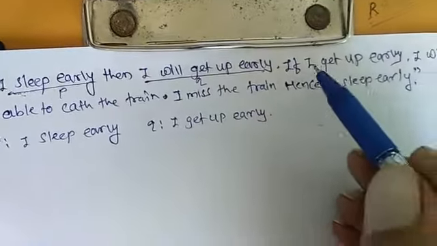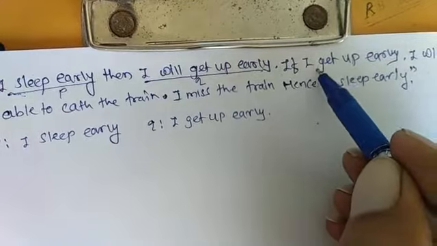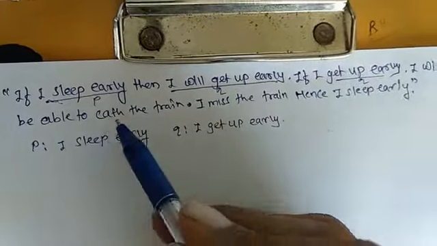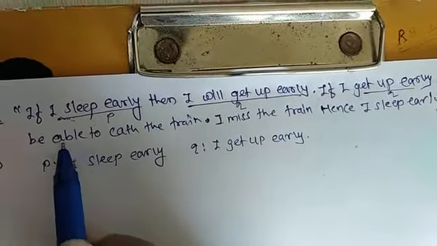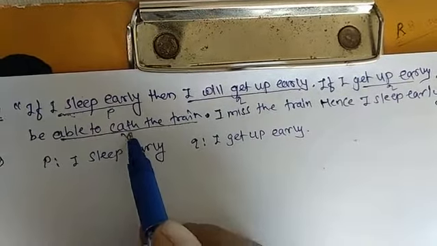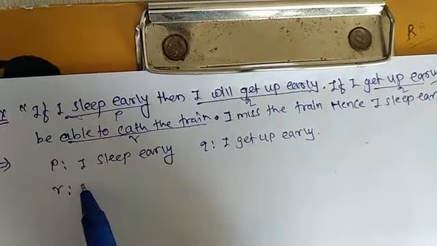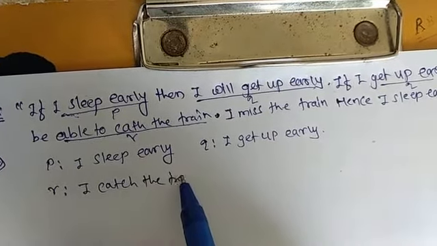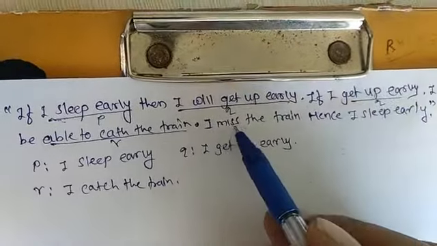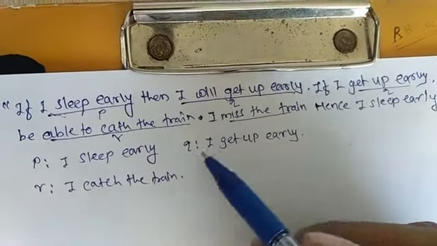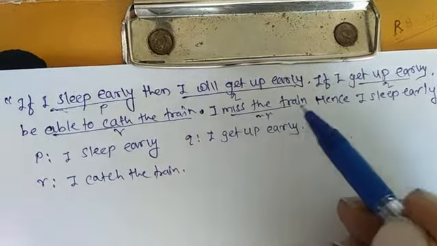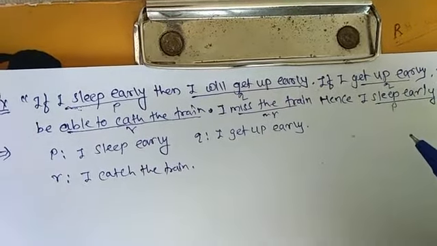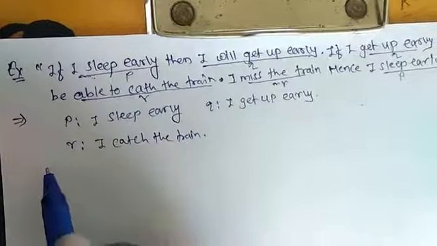Next, if I get up early, which is the Q statement again, I will be able to catch the train, which is our next statement R. You may say that R is I catch the train. I miss the train means it is negation of R, and hence I sleep early is the P statement.